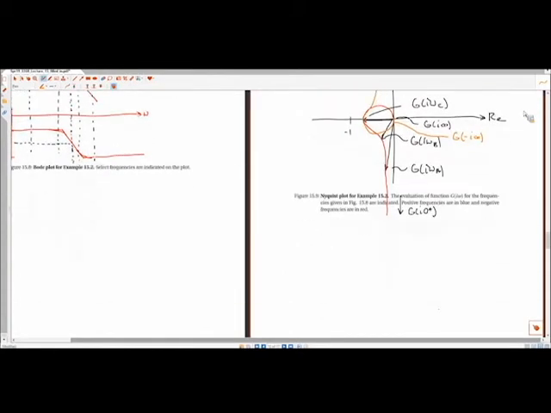Okay, step three. So consider transition from G, I guess s is equal to i0 to the left, to s is equal to i0 to the right.